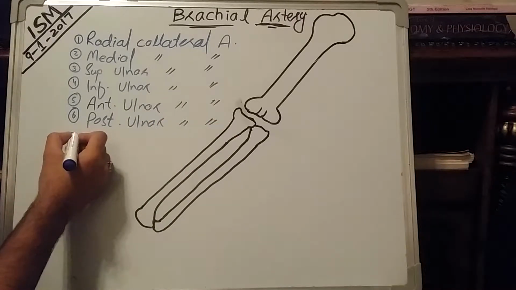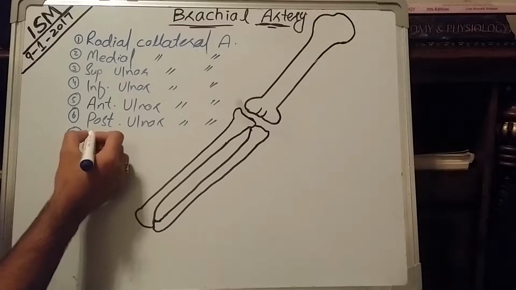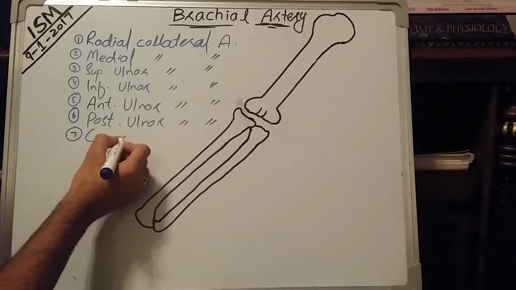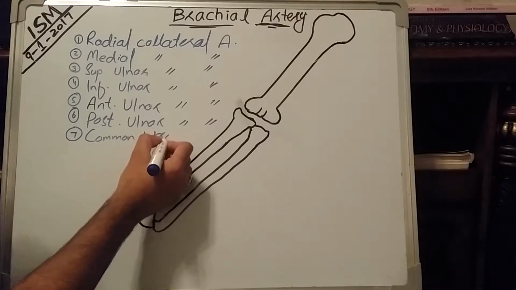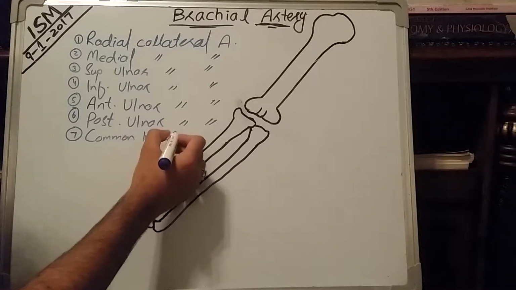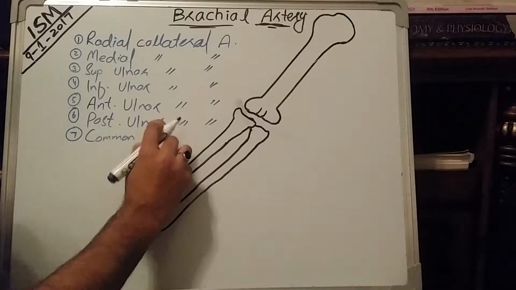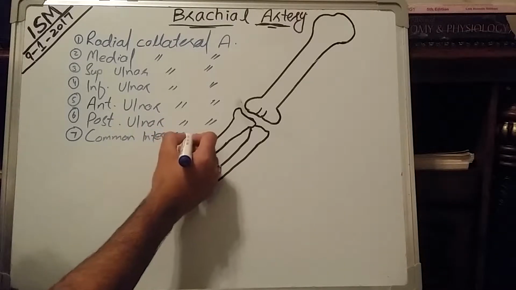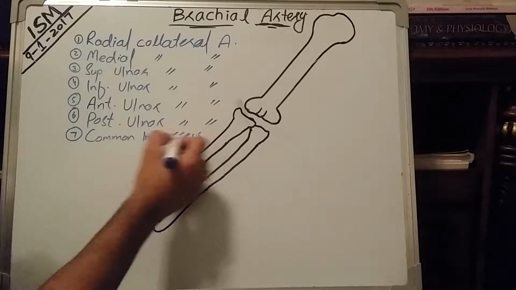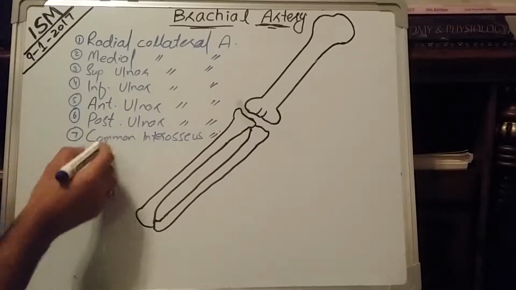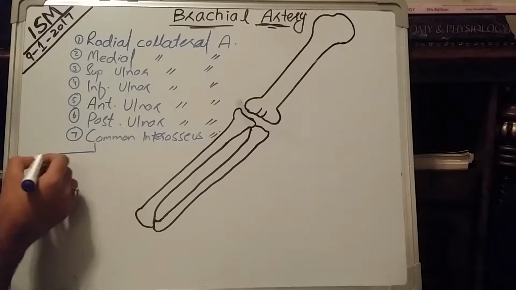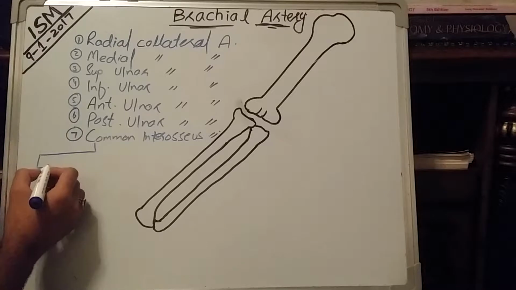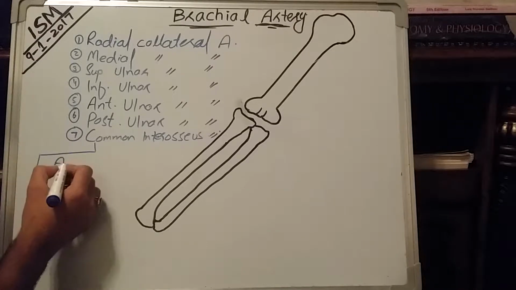The seventh is the common interosseous artery, which gives rise to three further branches. The first one is the anterior interosseous artery.